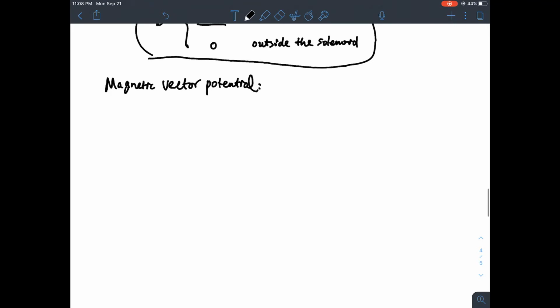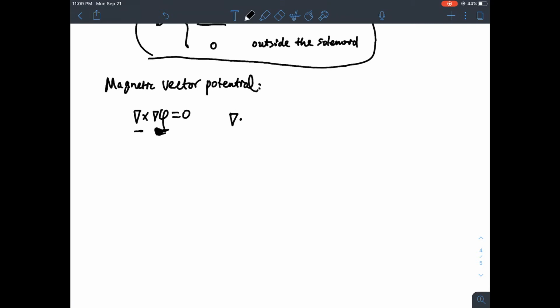Before I talk about this, I just wanted to remind you, when we talked about vector analysis, we said that for any scalar function phi, the curl of the gradient is always 0. No matter what the function phi is, del cross del phi should always equal 0.